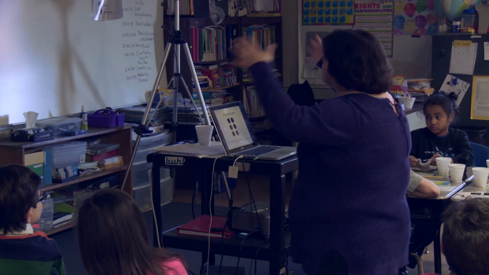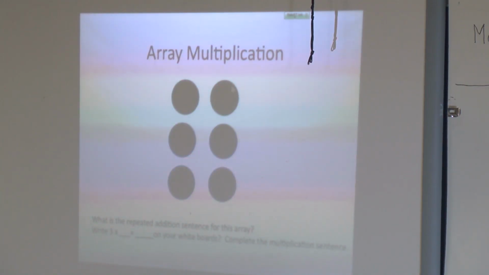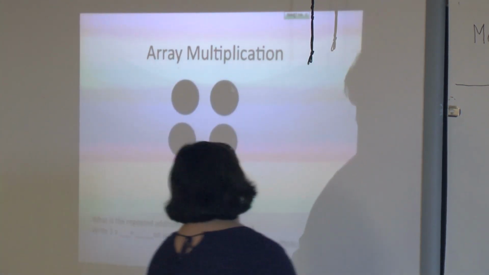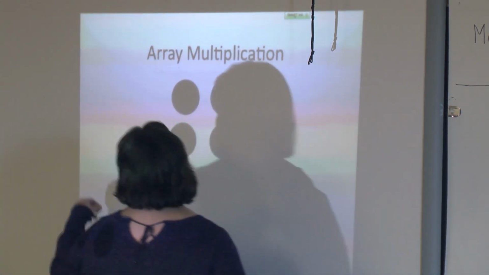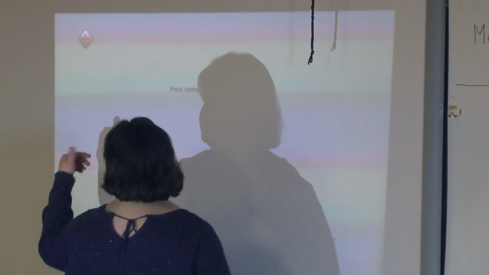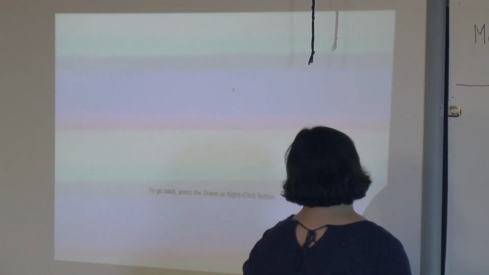So if we look at this array, Mrs. Drake has to do one thing to help you out here. If I do this, and I apologize ahead of time. I know this won't work if I don't do this.